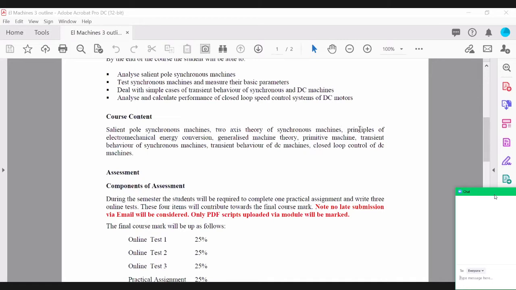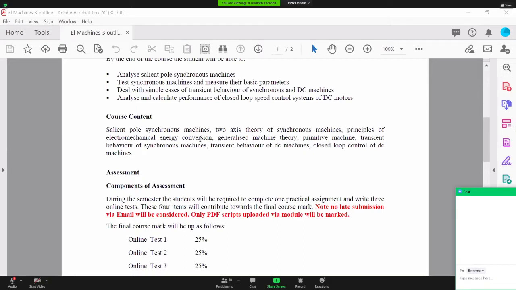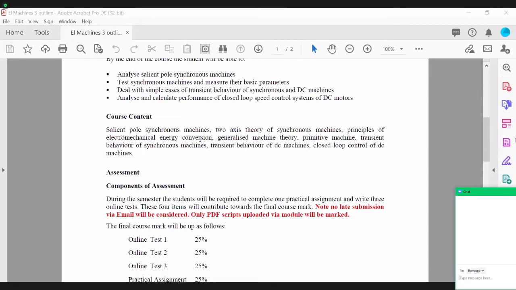Then we'll look at the principles of electromechanical energy conversion, which will basically be the modeling of the synchronous machine using basic principles to derive the equations to represent the synchronous machine.